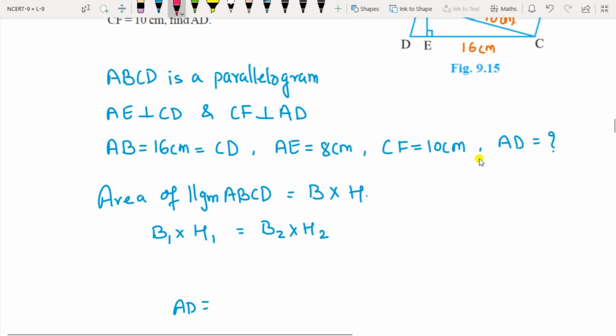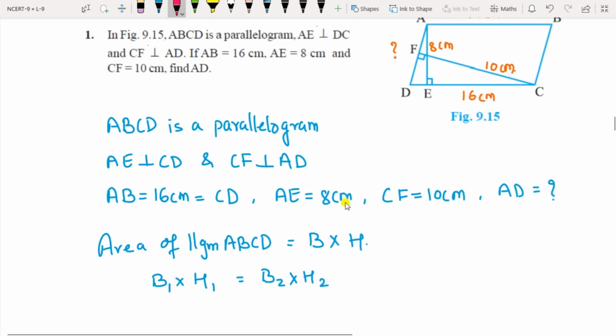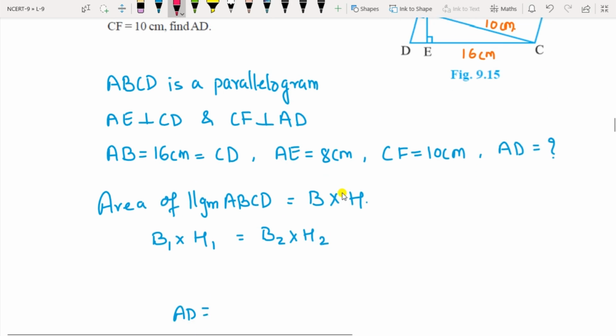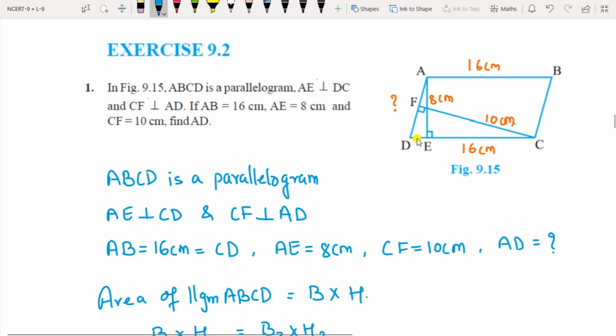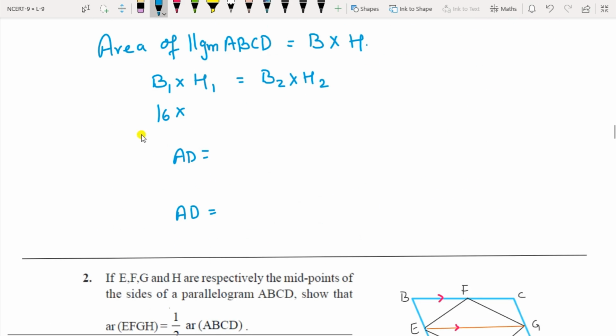And therefore, for the area of the parallelogram you have to write the formula, base into height, but here are two bases and two heights, so it will be B1 into H1 equal to B2 into H2, right? So B1 you can take as 16, and for base 16 the respective height is 8.